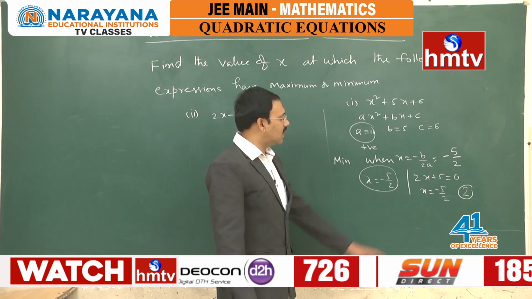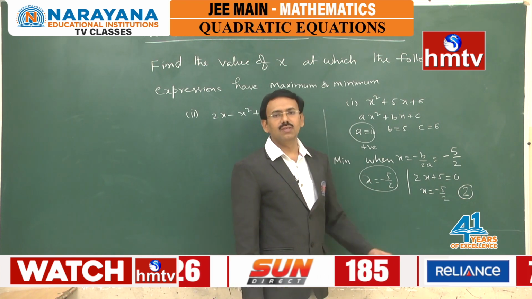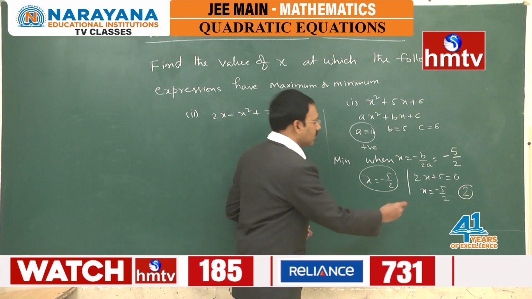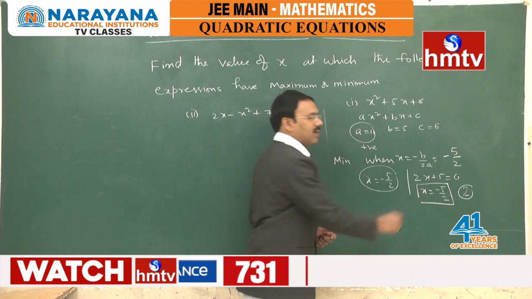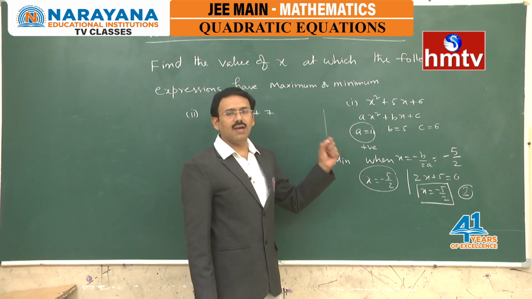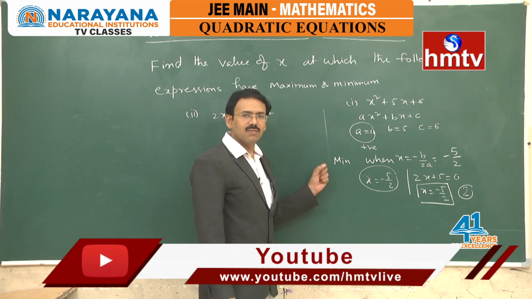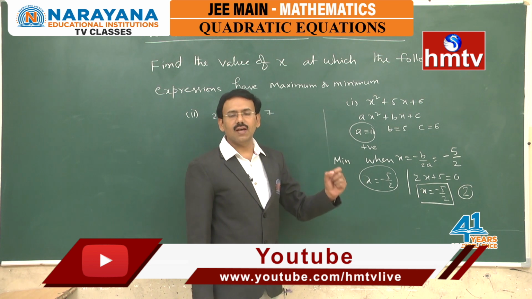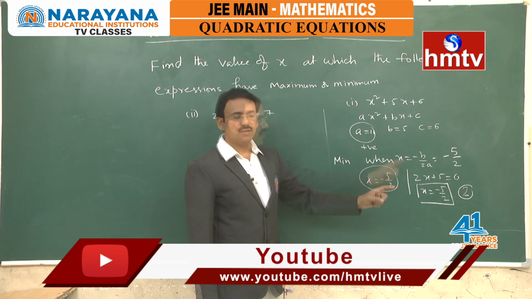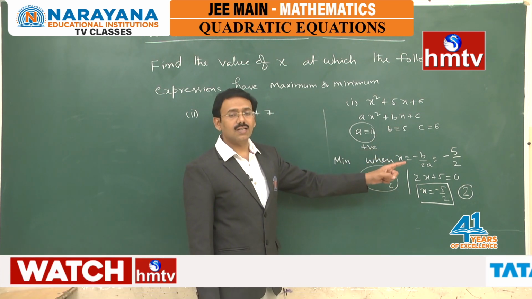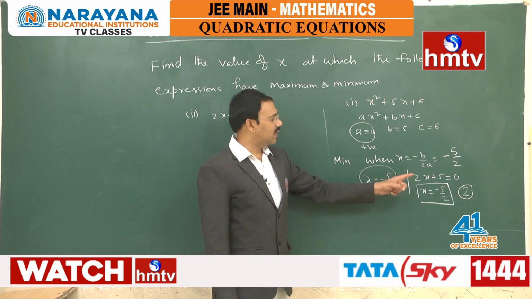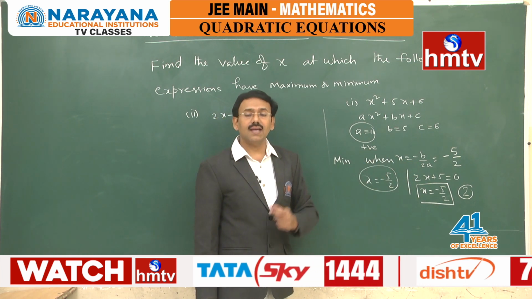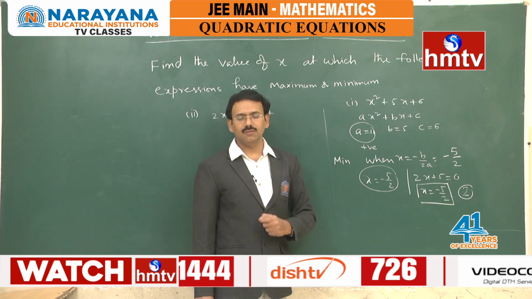As the second derivative at this number is positive, it will have local minimum when x is minus 5 by 2. So, this question can be answered with the help of algebra by using x is minus b by 2a, or even with the help of calculus when the first derivative is 0 and the second derivative positive. So, it will have minimum value at x is equal to minus 5 by 2.